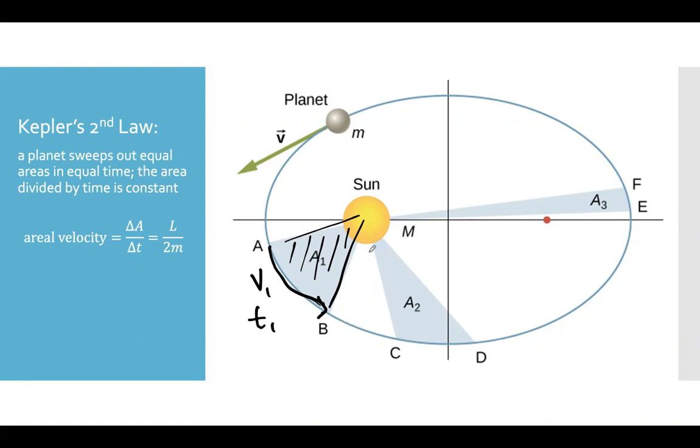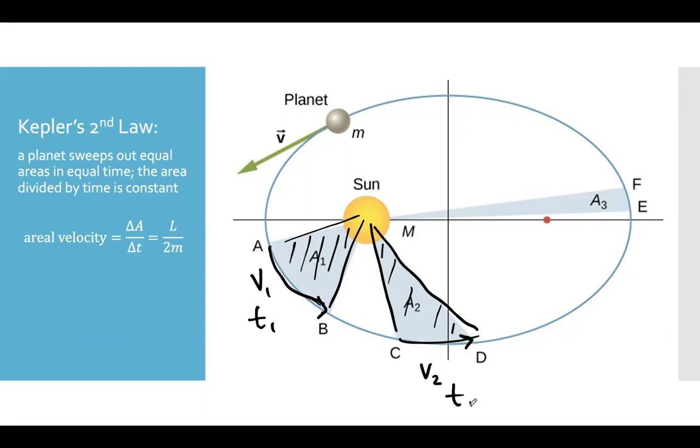Now for this second little area, notice the area looks like it should be smaller, but it's not. It's the same area here. It's going some velocity, but the amount of time it takes to sweep out that area is still going to be your time, T1.